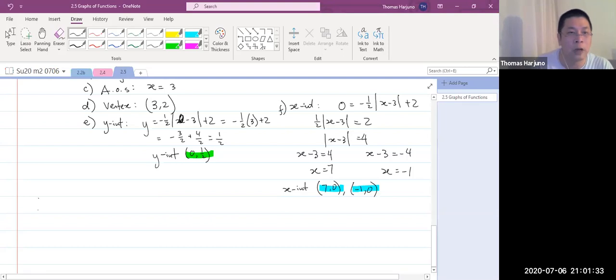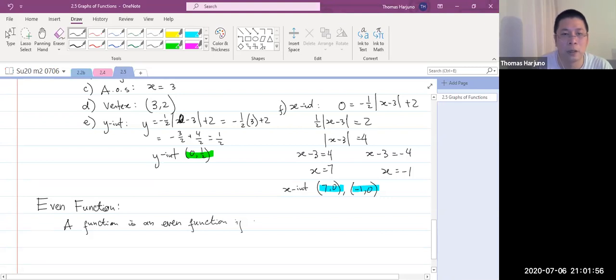Now, about even and odd functions. A function is an even function if it has y-axis symmetry.